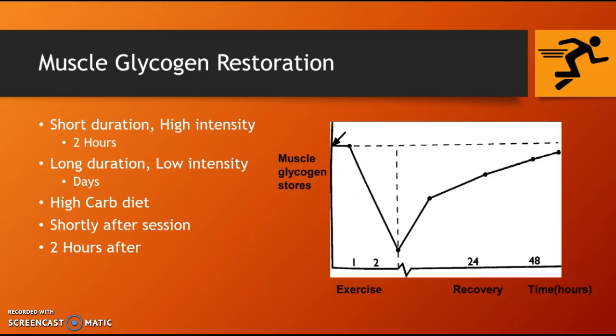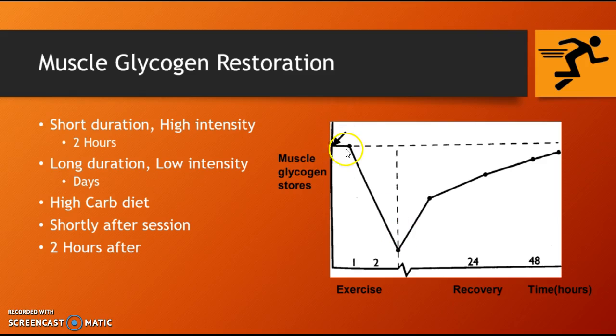Now moving on, we have muscle glycogen restoration. Depending on what sport you're doing, it basically depends on the amount of time your muscle glycogen takes to restore. During short duration, high intensity exercise, for example an 800 meters, it will take 2 hours for your muscle glycogen stores to be fully restored.